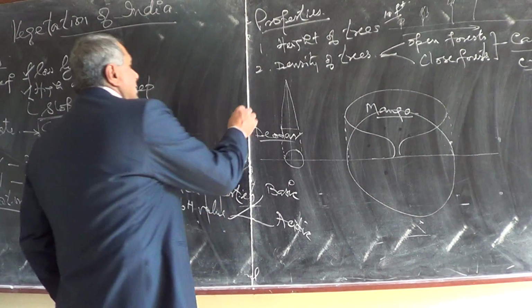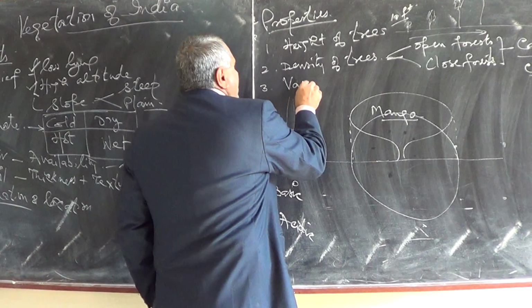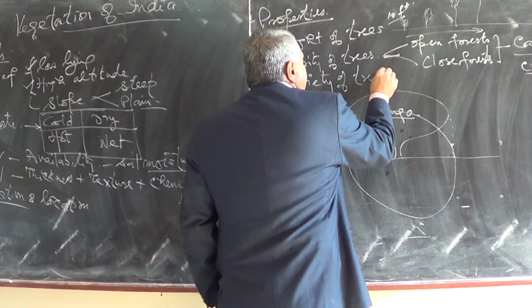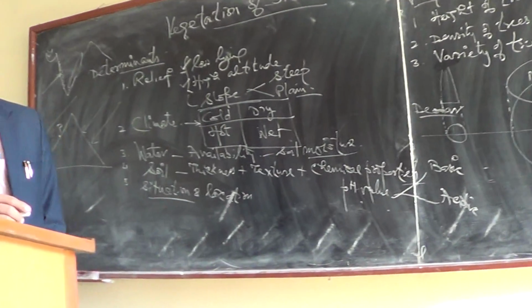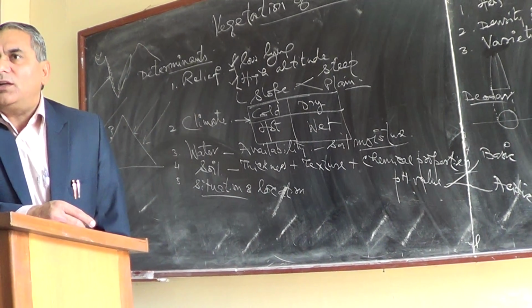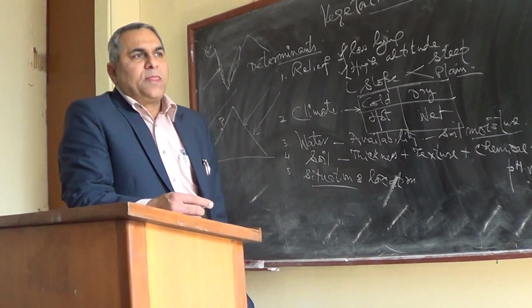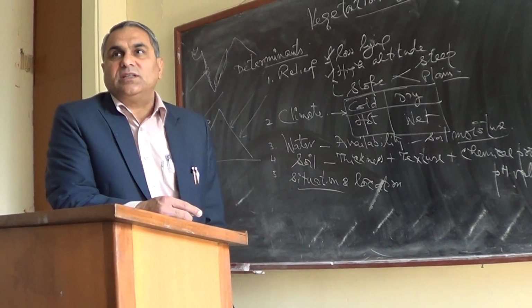Apart from that, variety of trees. Variety of trees depends on the availability of water and the temperature. Near the equator, we have more biodiversity.